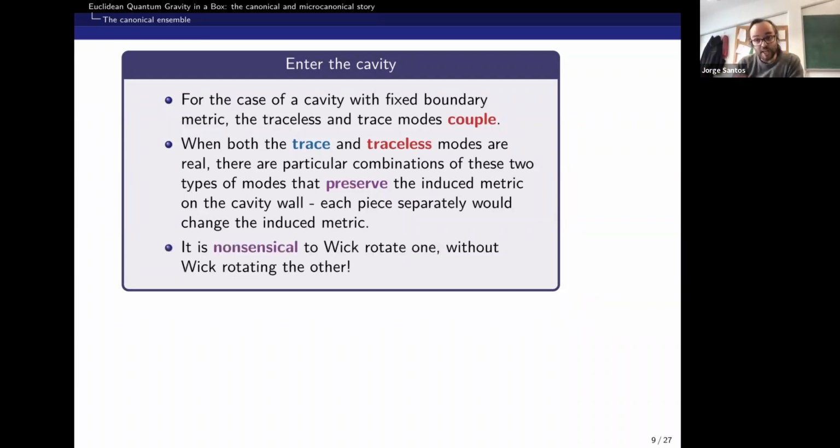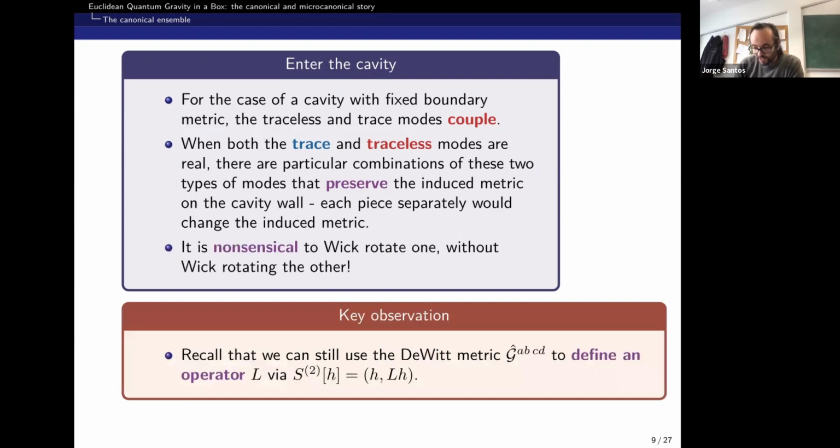So it's nonsensical to Wick rotate one without Wick rotating the other in this context. What is the key observation which will allow us to make progress? The key observation, again, is that we can write these second order perturbations as an expectation value of something, and that's what we have to use to make progress.